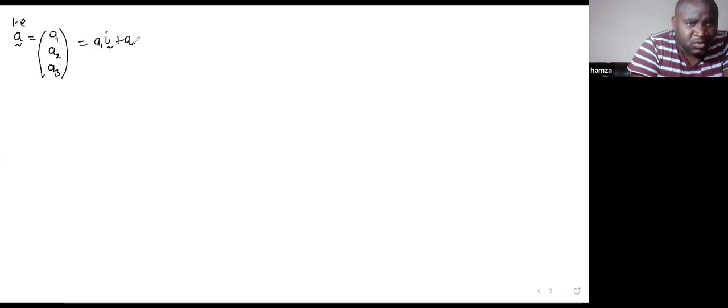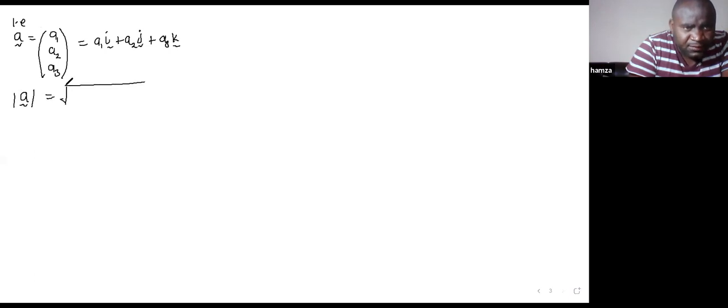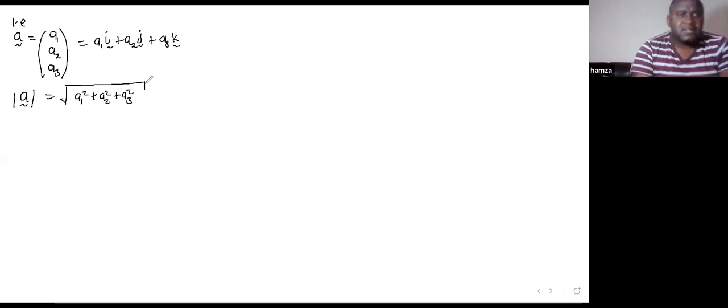So this is defined by, for example, if I have vector A being given by A1, A2, and A3, which is the same as A1i plus A2j plus A3k, then the magnitude of vector A is going to be got from the square root of A1 squared plus A2 squared plus A3 squared.